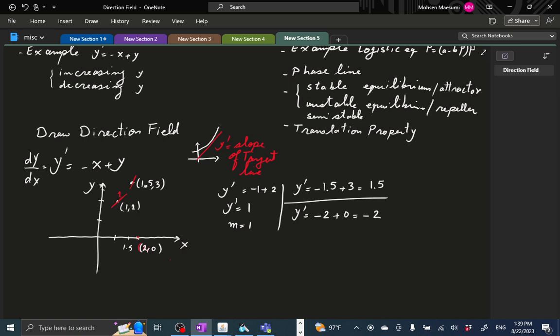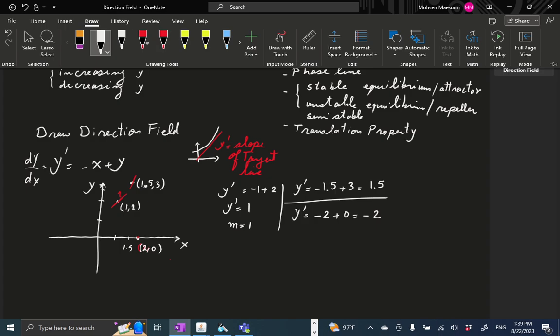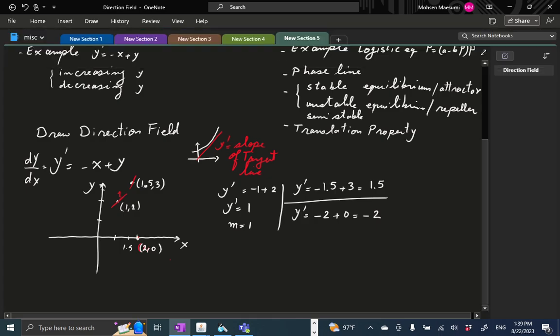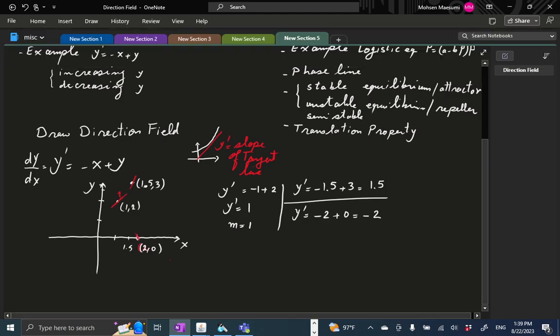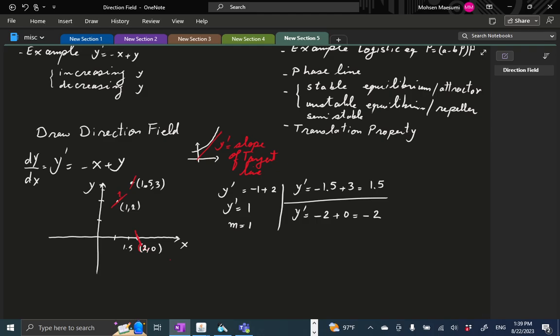So at this point my slope is minus 2, which means going down, and that is the slope of a tangent line to some function.